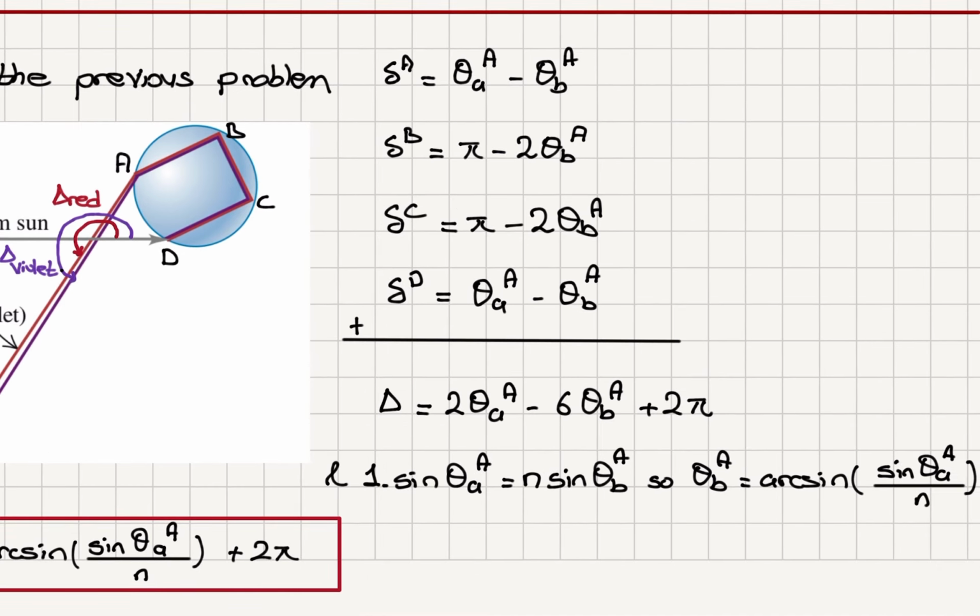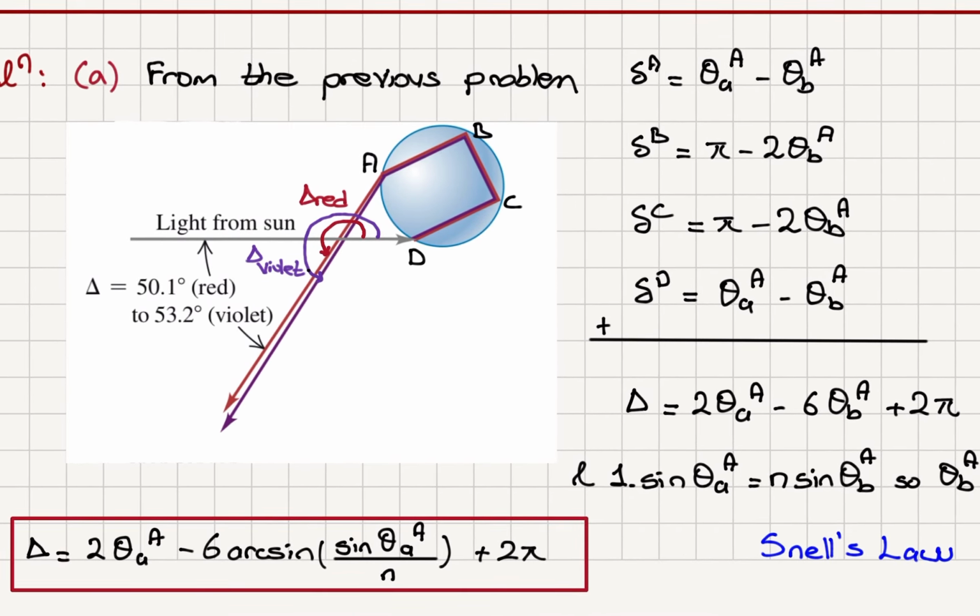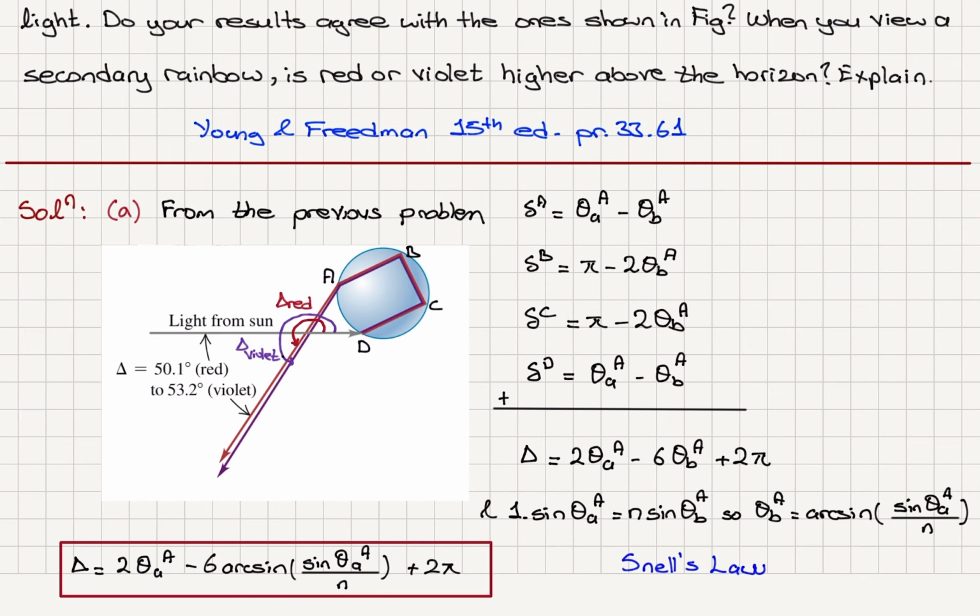So this gives me my total angular deflection, and once I write Snell's law of refraction at point A, I can write the angle of refraction in terms of the angle of incidence, and I get the total angular deflection.